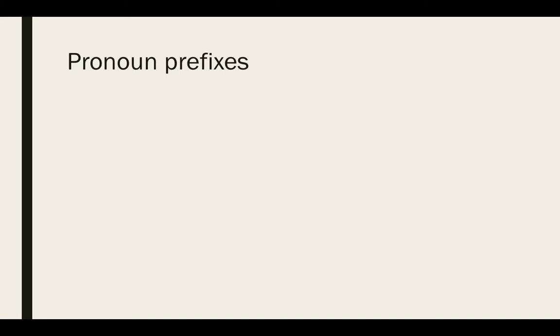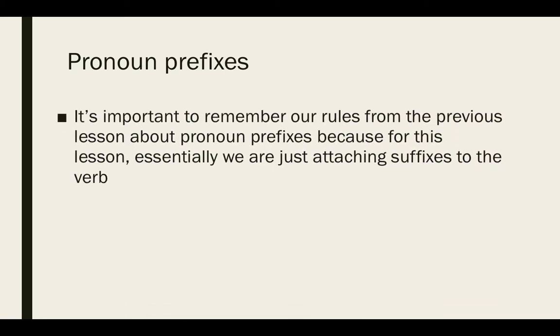So pronoun prefixes. It's important to remember our rules from the previous lesson about pronoun prefixes, because for this lesson, essentially we're just attaching suffixes to the end of our verbs. Let's refresh what those rules are for our prefixes.